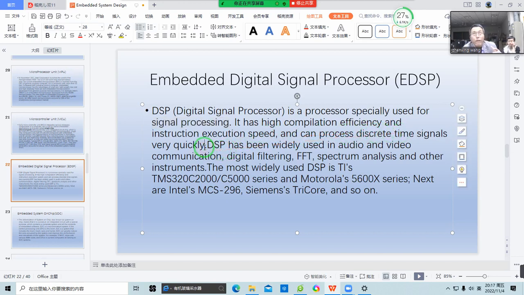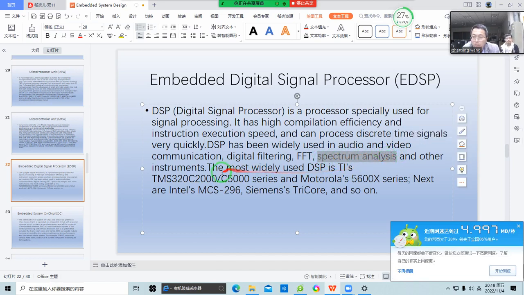For example, FFT, if it runs on DSP, it's very, very quick, sometimes thousands of times faster than an ARM processor. So DSP is widely used in audio and video communication, digital filtering, FFT, spectrum analysis, like X-ray spectrum, and other instruments.